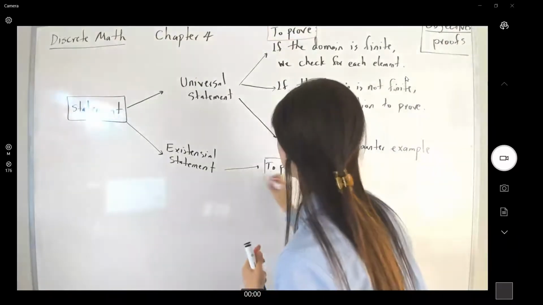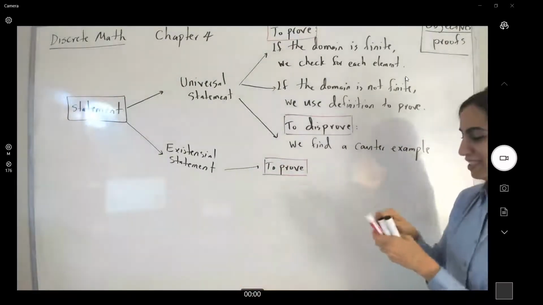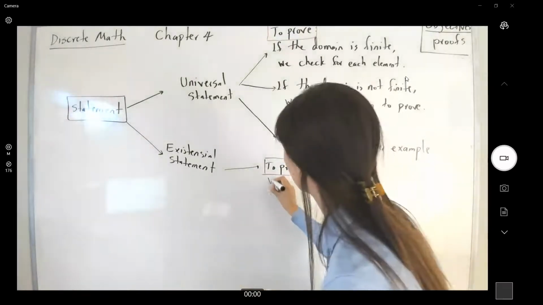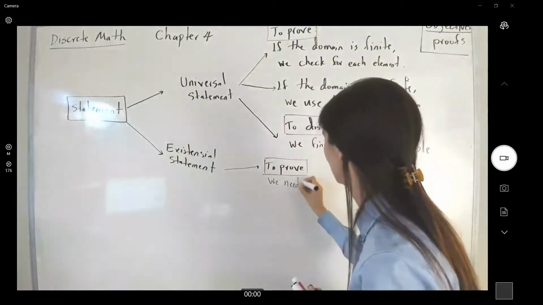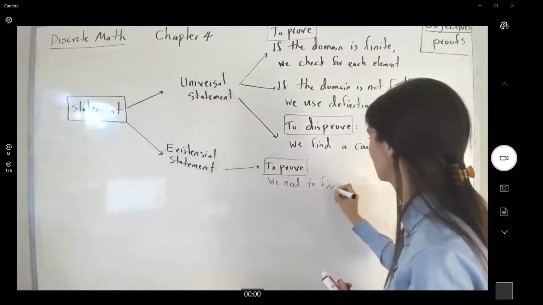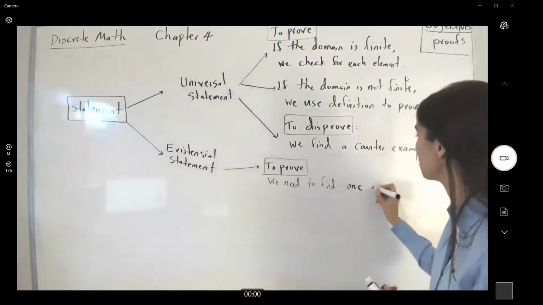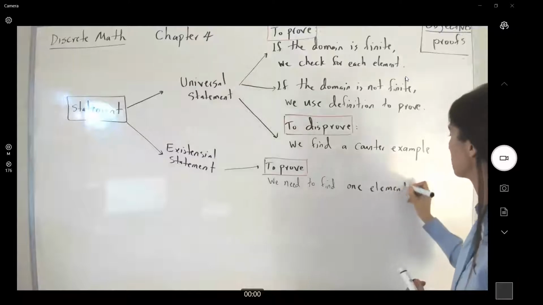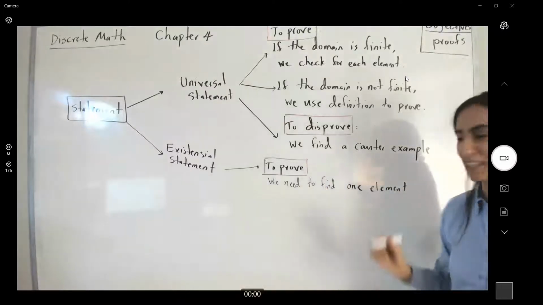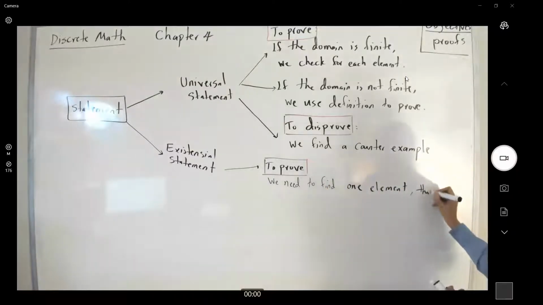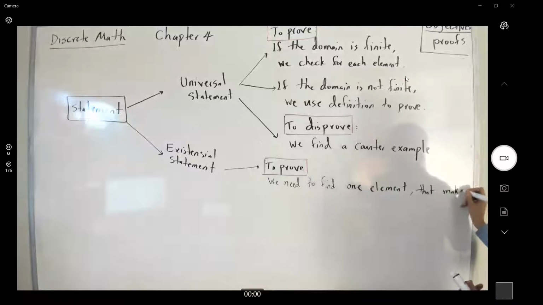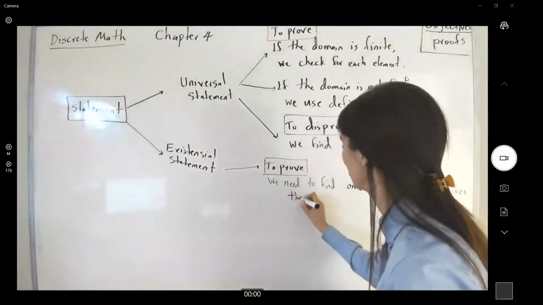It's super easy, pretty straightforward. We need to find one element, one number that satisfies that statement, that makes the statement true.